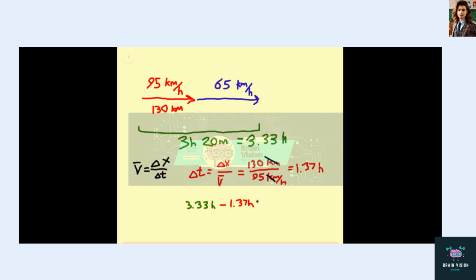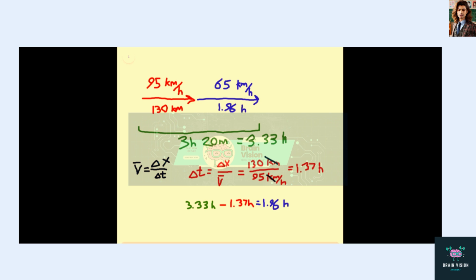And that will get you 1.96 hours, or about 1 hour, 58 minutes. So we can put that up here. All right, great. So that's useful. And we know the speed and the time for each leg.